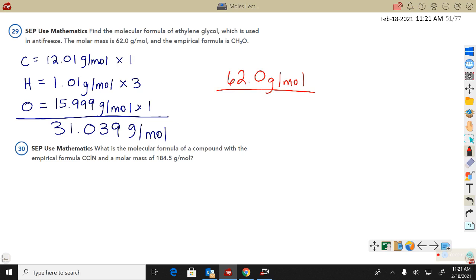And my empirical is right around 31, right? 31.039. Now, obviously, when you divide them, it might not be perfect, but we are darn close to a whole number ratio. Then all I have to do is double my empirical formula.